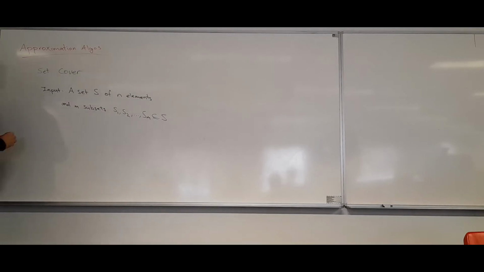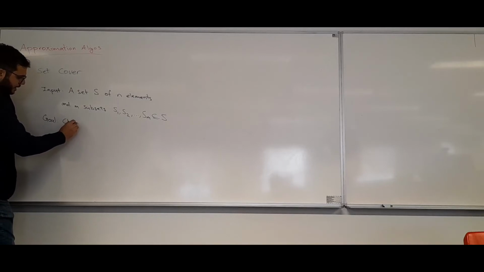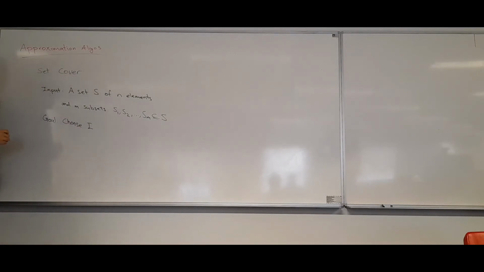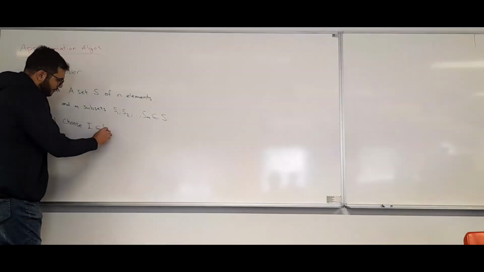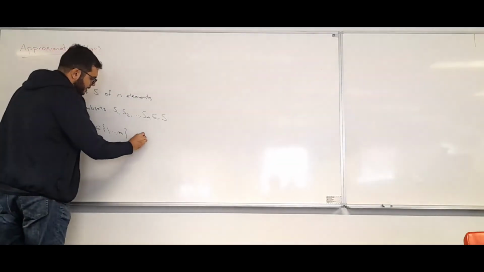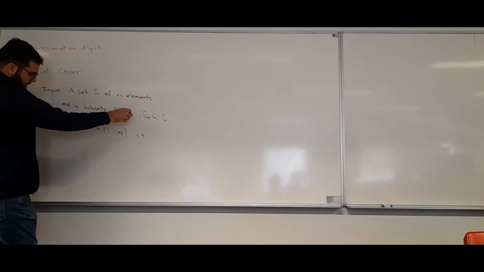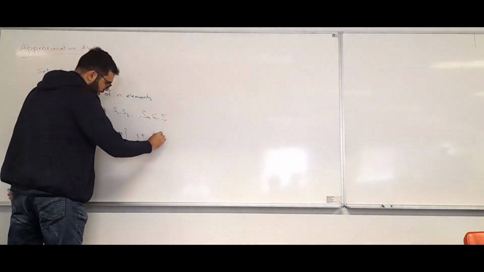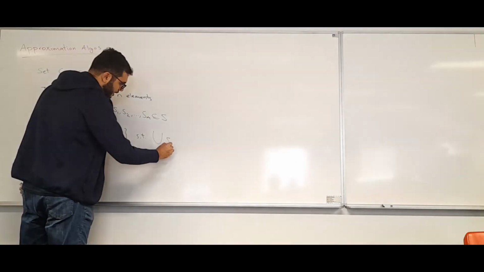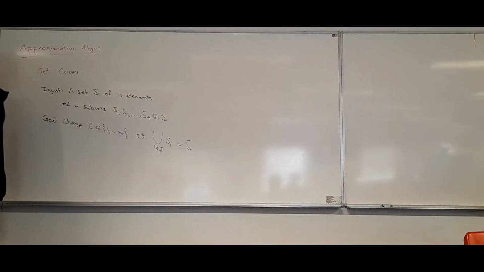Okay? So my goal is to choose, let's say, a set of indices. Now, because they're indices, I'm going to show it with I, but it's not inputs, it's indices now. Choose some I, which is a subset of 1 to M, such that if I just take the union of all the subsets whose index is here, so if I just take the union of Si for i in I, this union is S. So it covers everything.